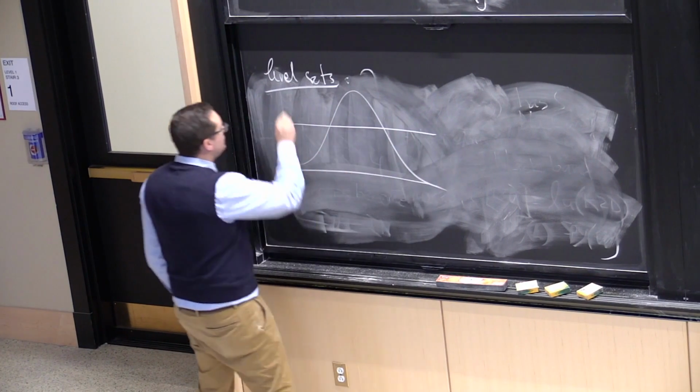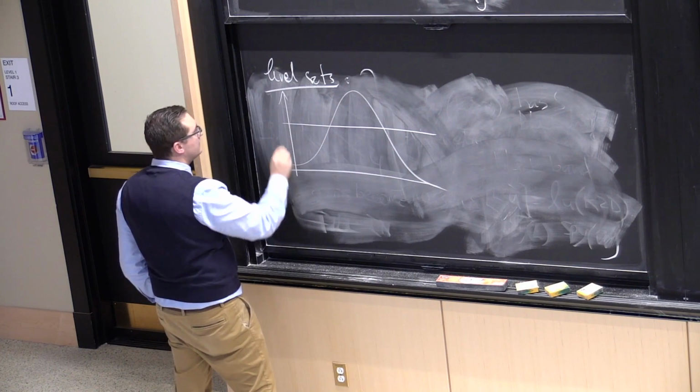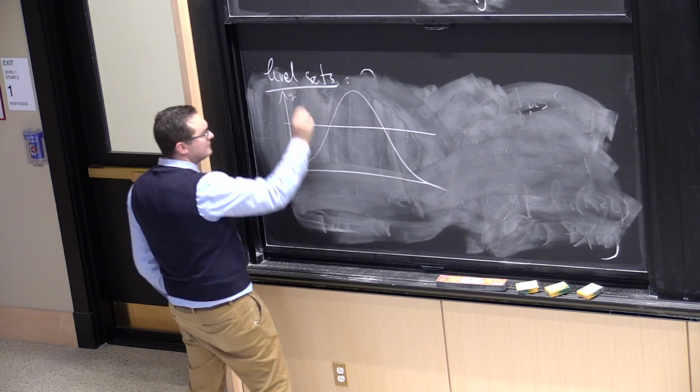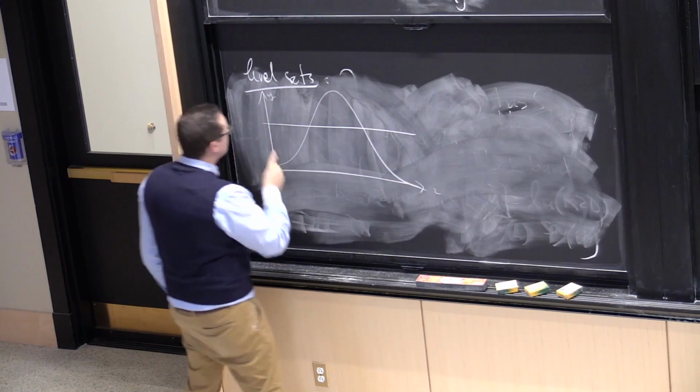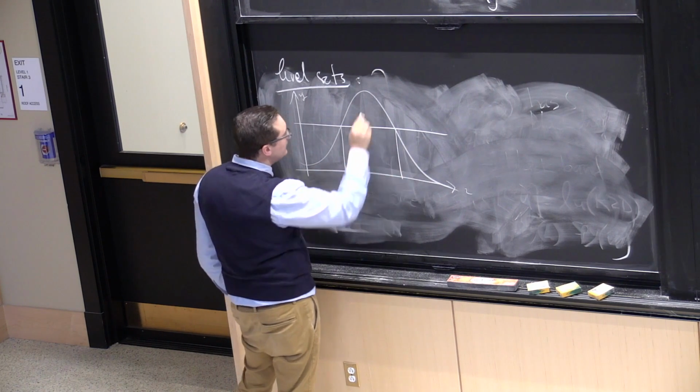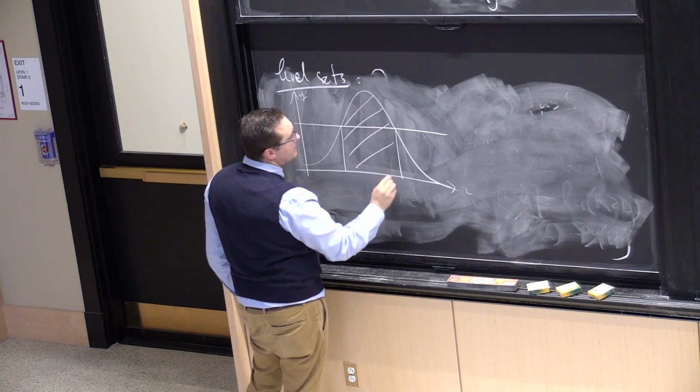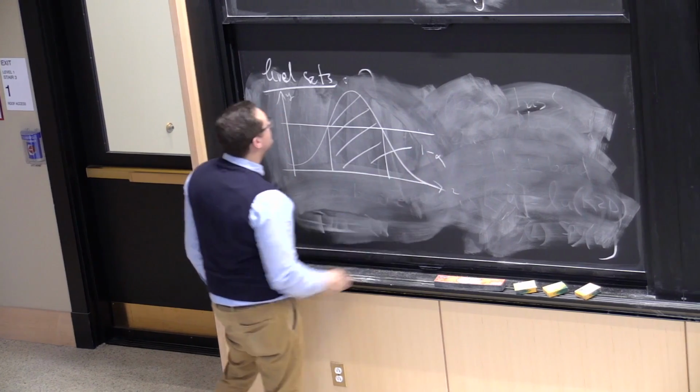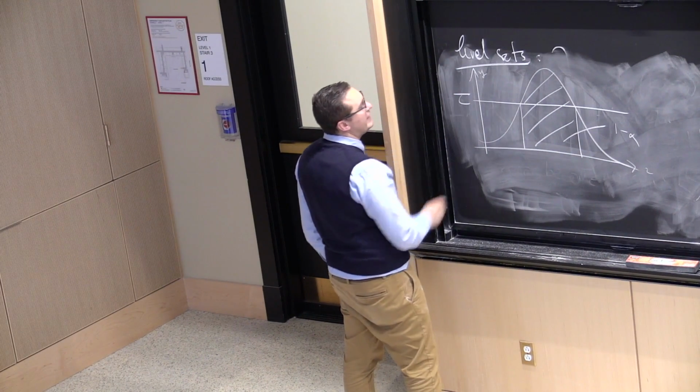And what I can do is to try to cut it here on the y-axis, so that now the area under the curve, when I cut here, is actually 1 minus alpha. OK, so I have some threshold tau.